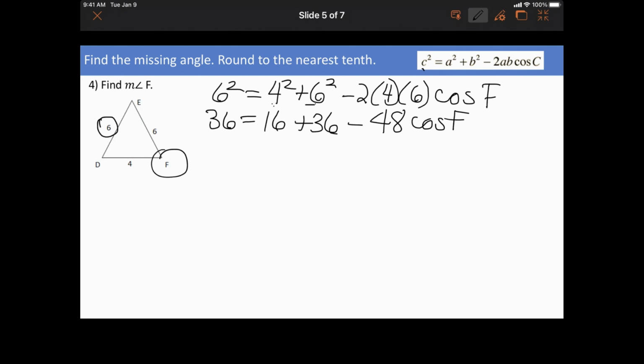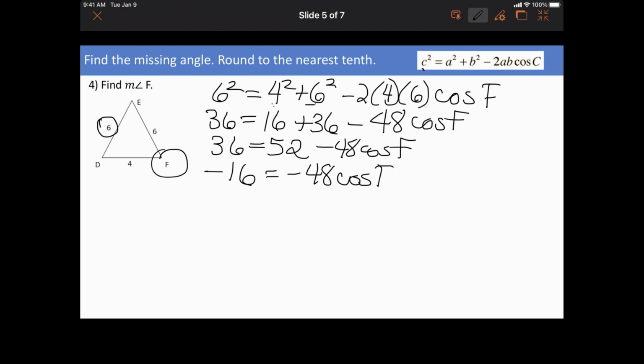All right. And combine these two. Divide by 48. Okay.